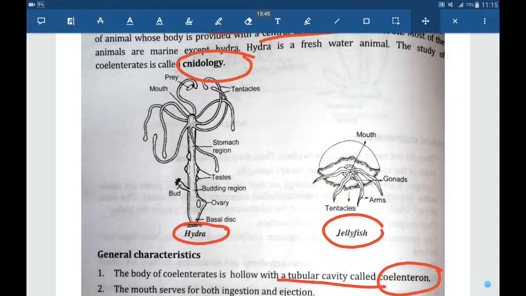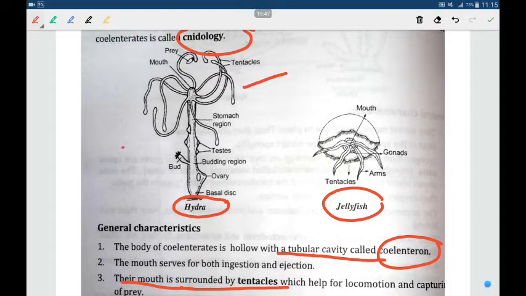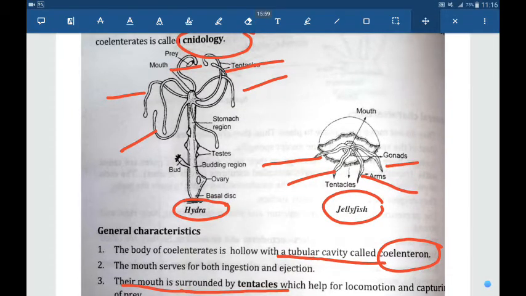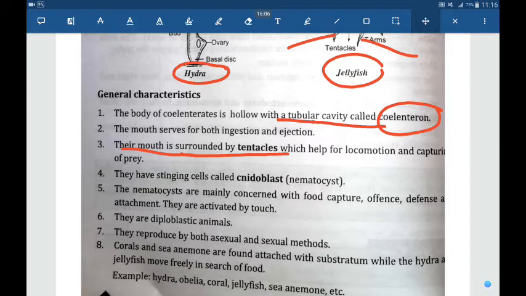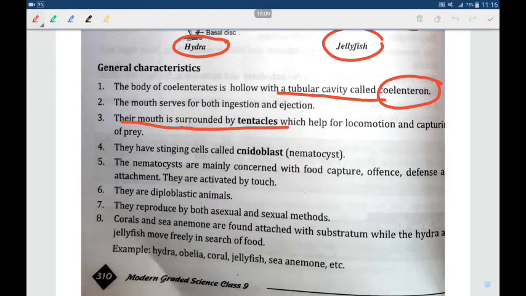Can you see these long thread-like structures? These are tentacles, and in jellyfish also these structures are tentacles. Tentacles help in locomotion, to move from one place to another, and in capturing the prey, capturing the food. Clear?